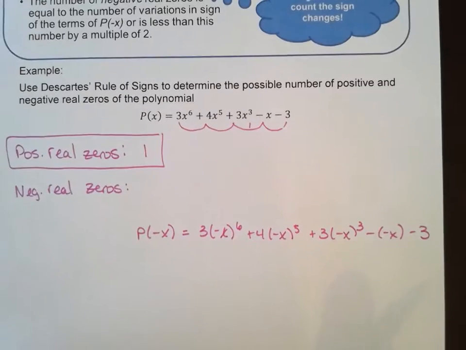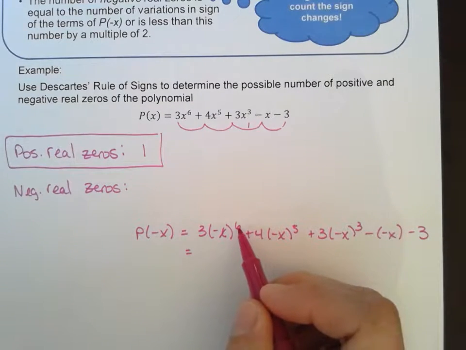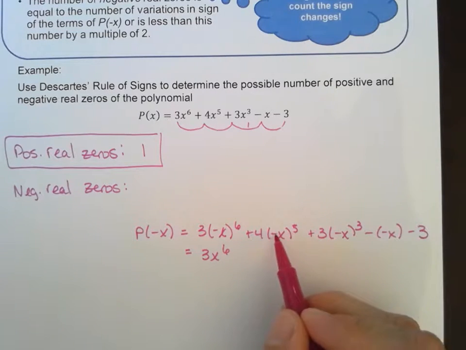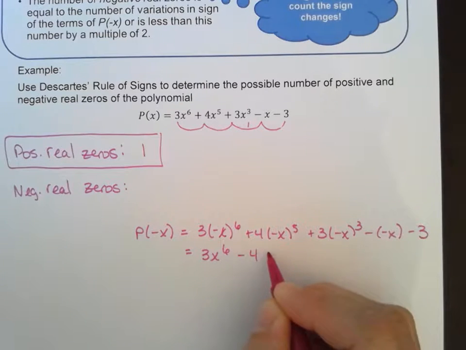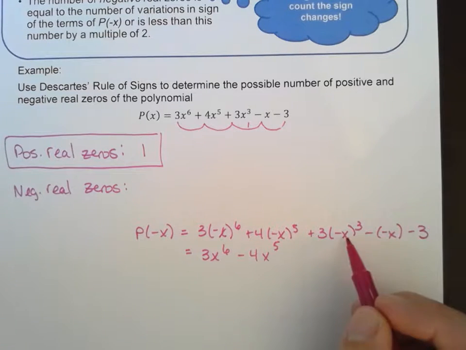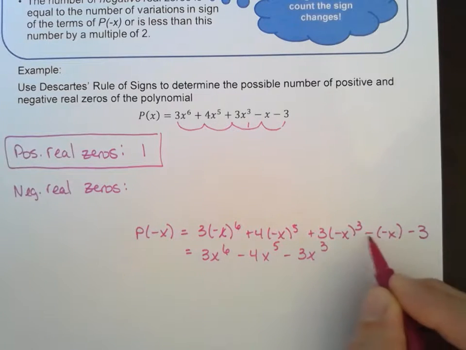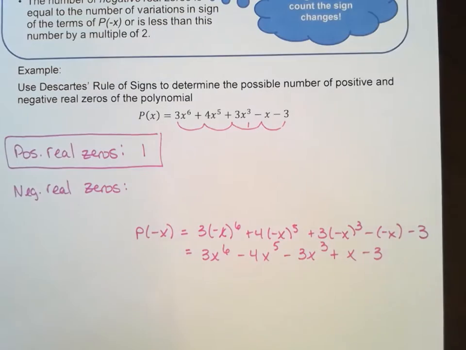Okay, simplify this. When you take a negative and raise it to the 6th power, you get a positive. So that's 3x to the 6th. Negative to an odd power is negative. So you have negative 4x to the 5th. Negative to an odd power is negative. Negative times negative is positive. And bring down the minus 3.